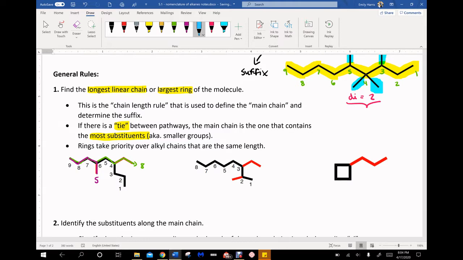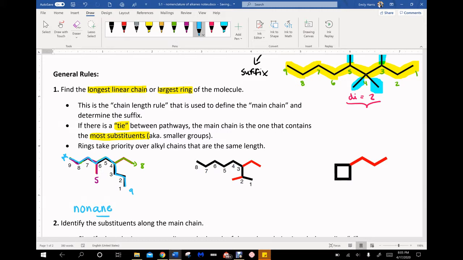And then if I go all the way down, 1, 2, 3, 4, 5, 6, 7, 8, 9. This pathway gives me 9 carbons. And so I want the one that gives me the longest chain, so this will be the chain that I choose, all right? And the name for a chain that's 9 carbons long is nonane.